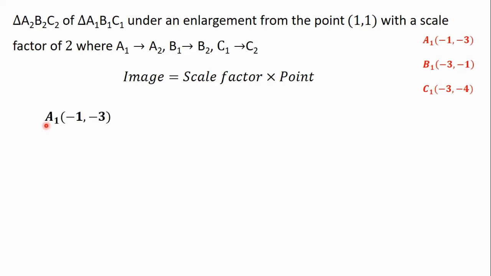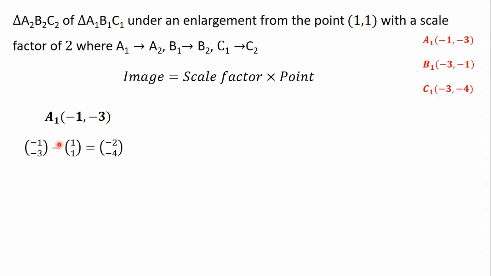Let's begin with the point A1 with coordinates -1, -3. So we are going to enlarge A1 from the point 1, 1 with a scale factor of 2 to get A2. The first step is that we will subtract the center of enlargement from the point to be enlarged. The point we are enlarging is -1, -3. The center of enlargement is 1, 1.